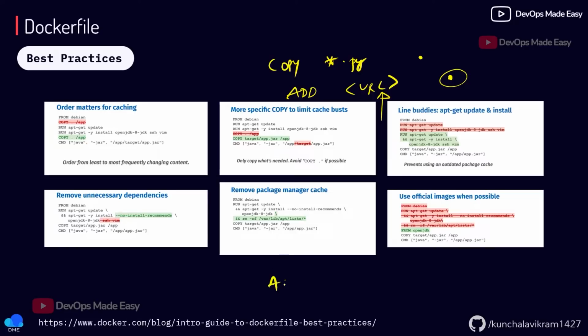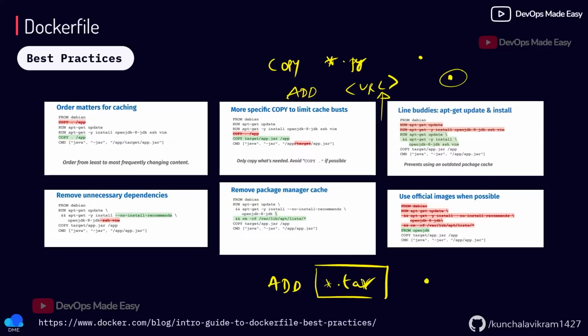And also when you're trying to copy a tar file from your local into the image, it will try to extract it. So when I'm copying a tar file, I may not know what exactly are the files inside this tar file. So the recommendation is to download it separately and analyze it.